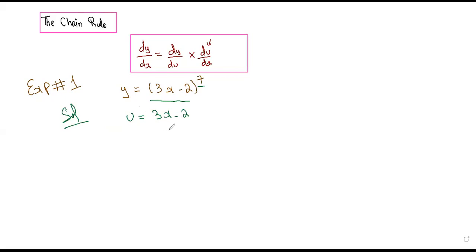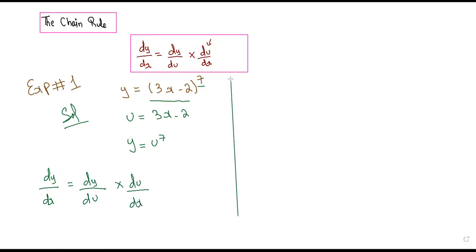This is u, that is 3x minus 2, and now I will write y equals u to the power 7, okay? And now I am interested in finding out dy by dx. Now for such cases, we are going to use the chain rule. That would be dy by du multiplied by du by dx.